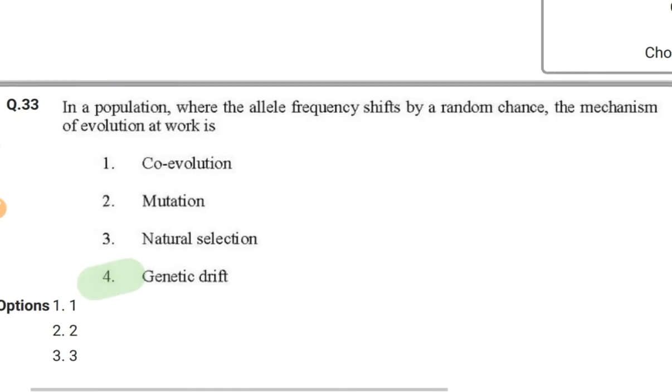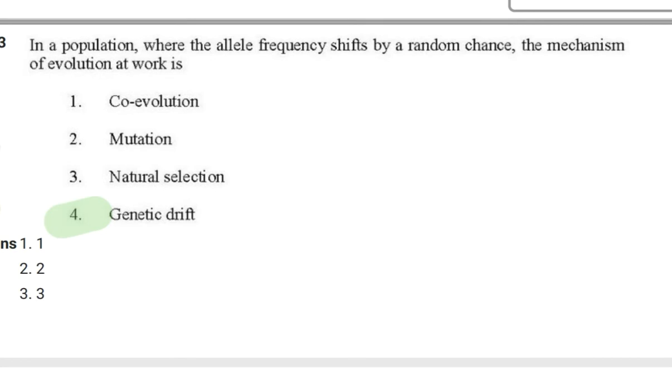Next question. In a population where the allele frequency shifts by random chance, the mechanism of evolution at work is genetic drift. This is one kind of evolution where the allele frequency shifts by random chance.